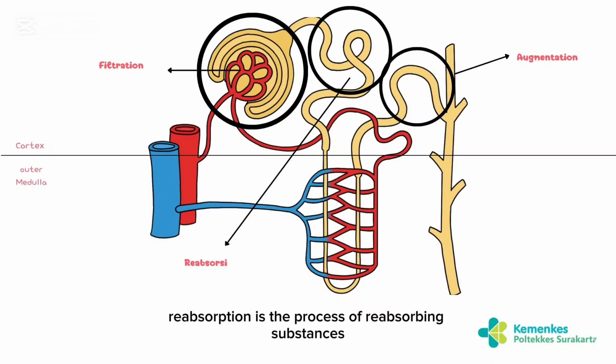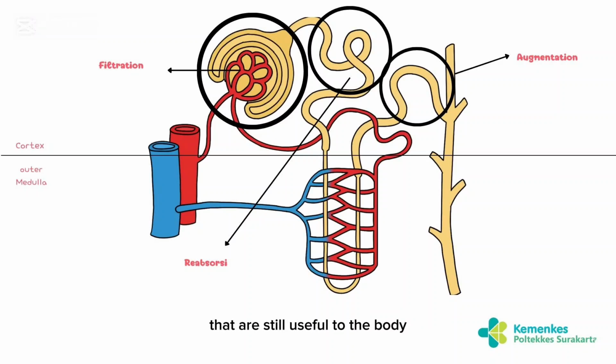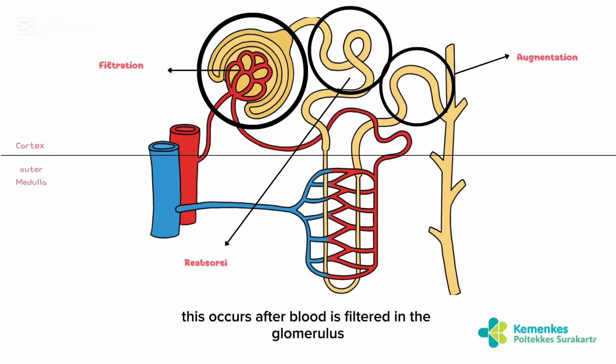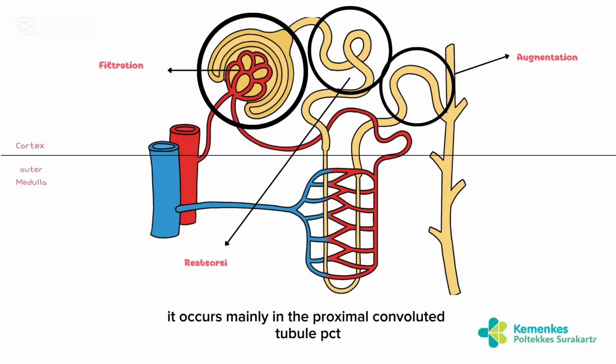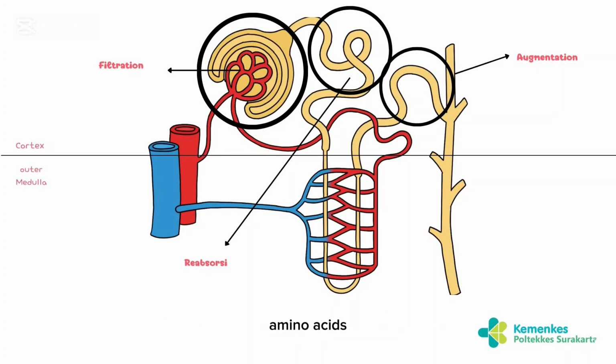Reabsorption is the process of reabsorbing substances that are still useful to the body from primary urine. This occurs after blood is filtered in the glomerulus and forms primary urine. It occurs mainly in the proximal convoluted tubule, PCT, but also in the loop of Henle and the distal convoluted tubule, DCT. Substances that are reabsorbed include glucose. Almost all of it is reabsorbed in the proximal tubule. Amino acids.